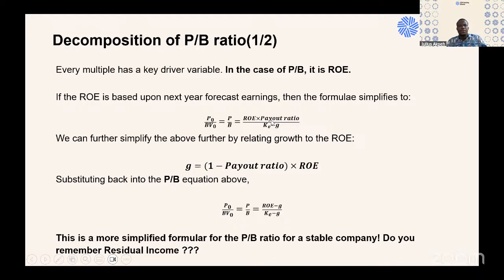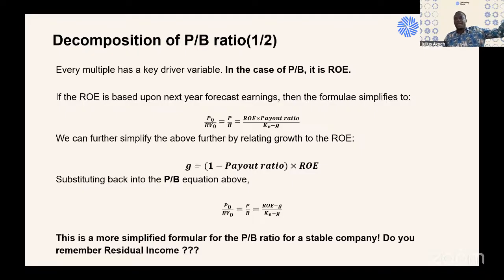But there is a name for this particular calculation. It gives us a price to book ratio which we call the justified price to book ratio. Is the price to book ratio justified by the fundamentals of the company? When dealing with securities, we look at the price to book implied by the market, which is the market price divided by the book value of the company.